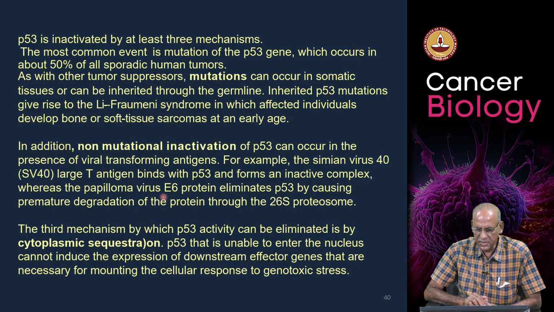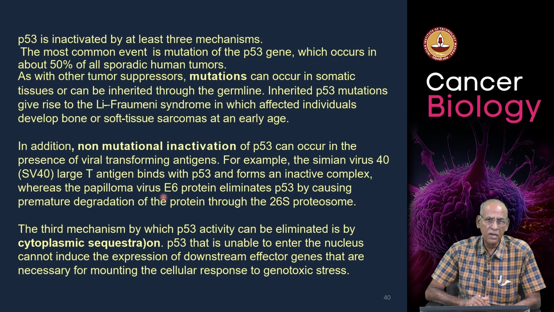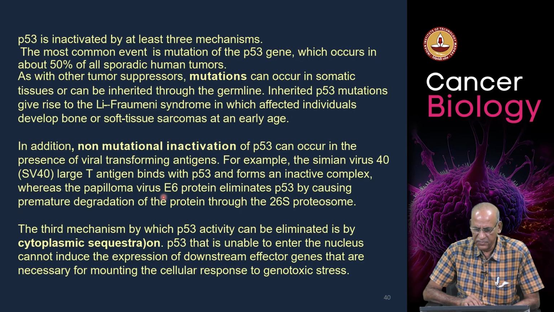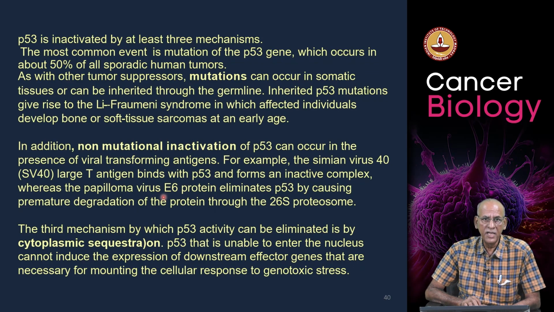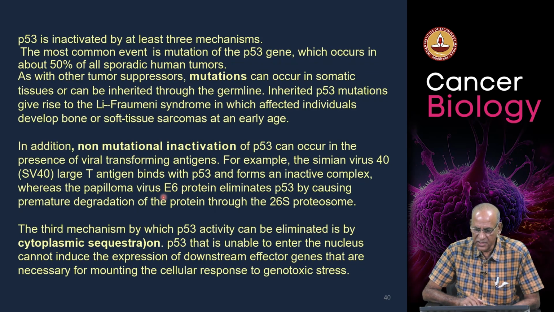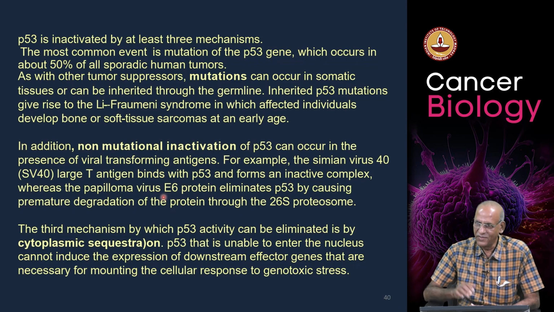As with the other tumor suppressors, mutations can occur in somatic tissues or can be inherited. Germline inherited p53 mutations give rise to what is called Li-Fraumeni syndrome, in which the affected individuals develop bone or soft tissue sarcomas. This is very rare, but that is one example.